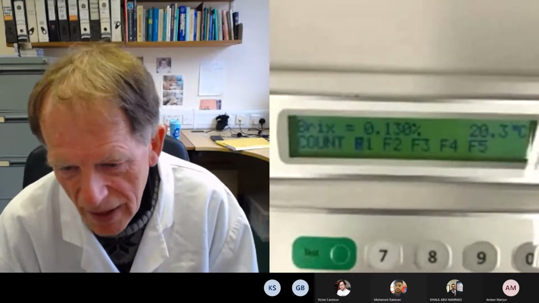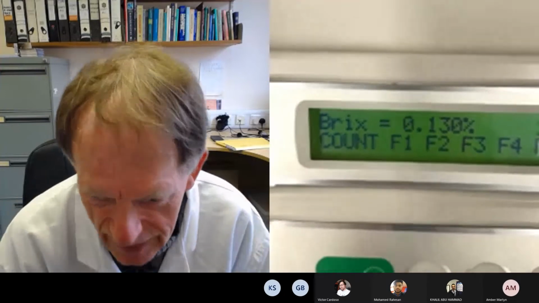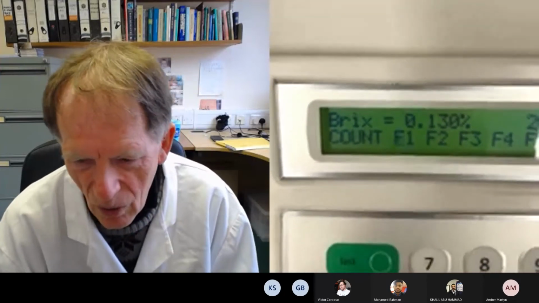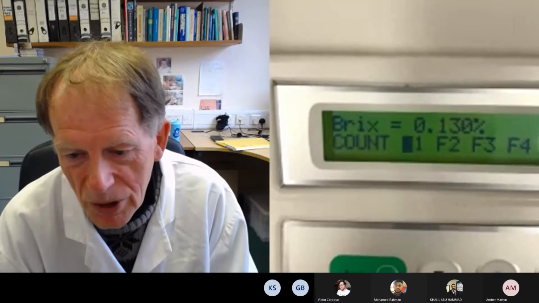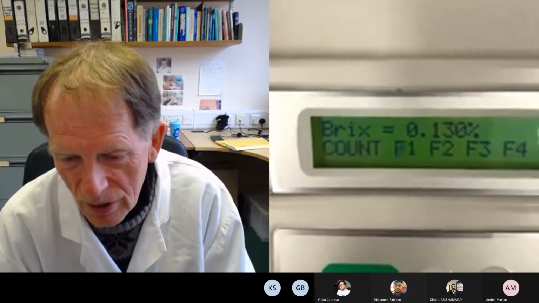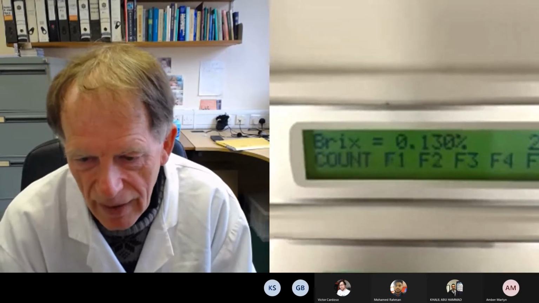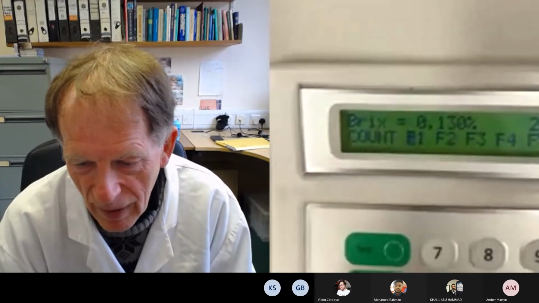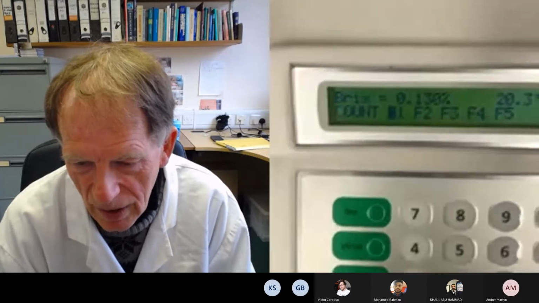So this brix thing refers to carbohydrates, where it does things automatically. For protein work, of course, we're not working with sugars, so there's a simple conversion involving the refractive increment value for sugars and protein molecules.